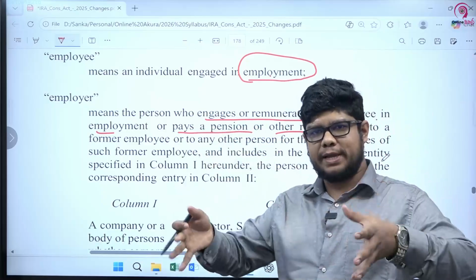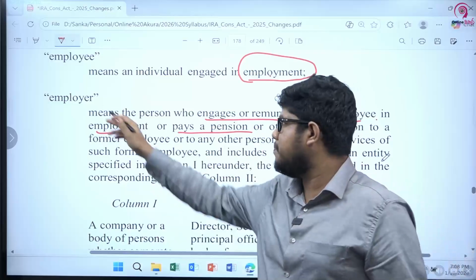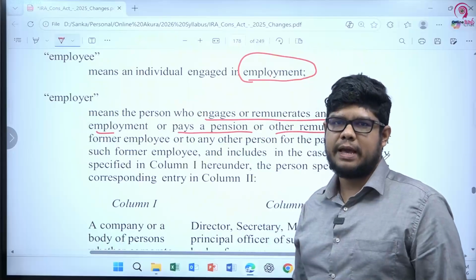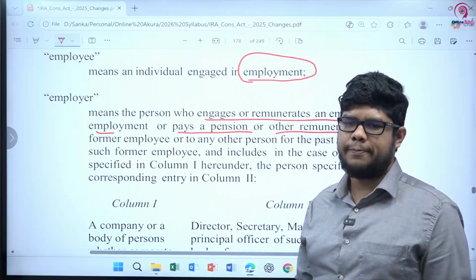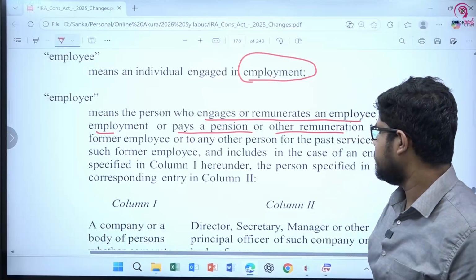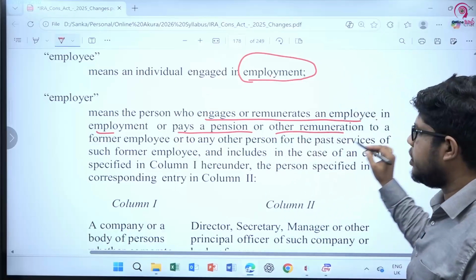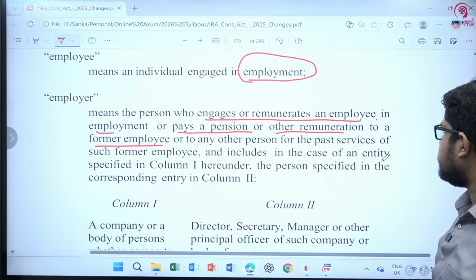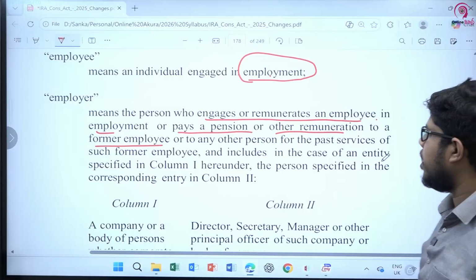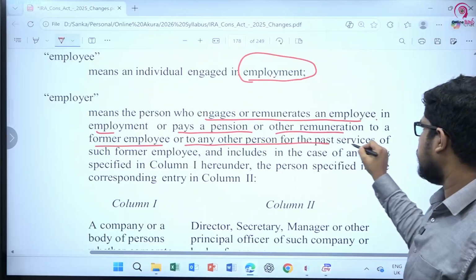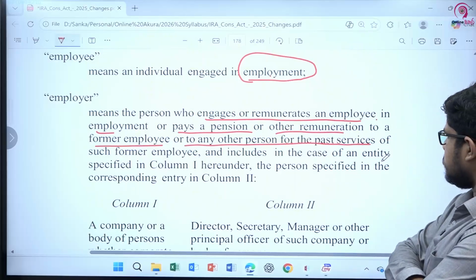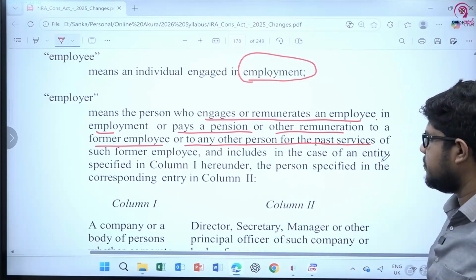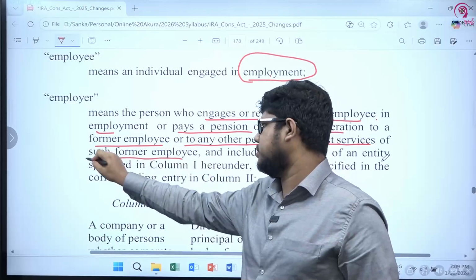So if you are paying a pension, then you also become an employer, right? Even though that employee is currently not there as an employee in your company or your office, right? Or other remuneration to former employees or to any other person for the past service of such former employees, right?